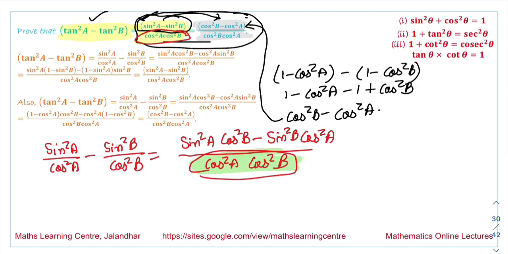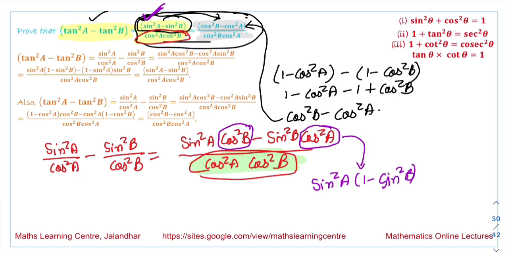Now for the numerator part, if we are proving it for the first case, that is sin square A minus sin square B, we are writing cos square B and cos square A accordingly. I am talking about this numerator part: it is sin square A into 1 minus sin square B minus sin square B into 1 minus sin square B.